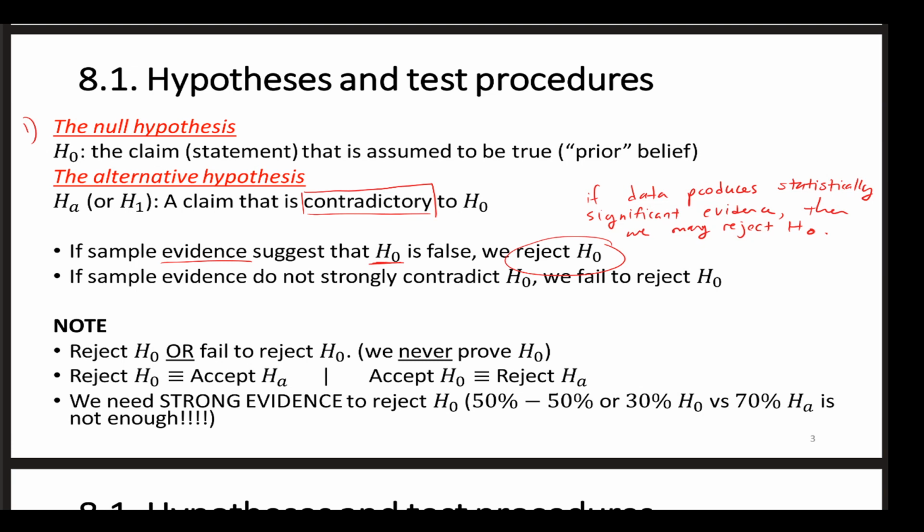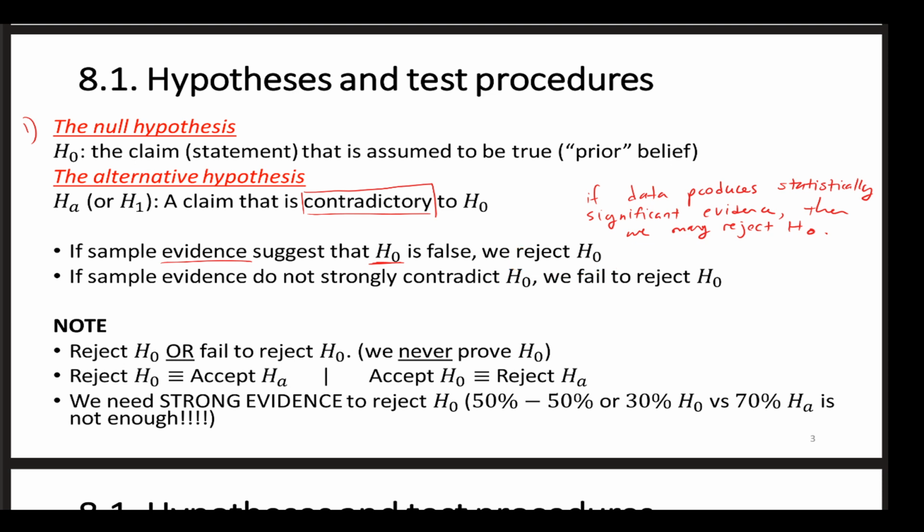We may reject that claim if we have enough evidence, statistically significant numbers. So if the sample does not strongly contradict H0, i.e. the result from our data is not statistically significant, then we cannot contradict H0. We fail to reject H0.